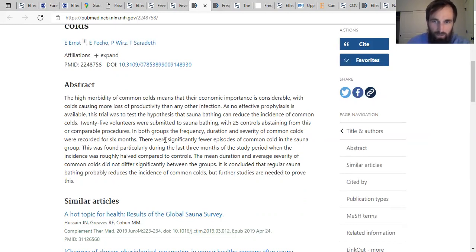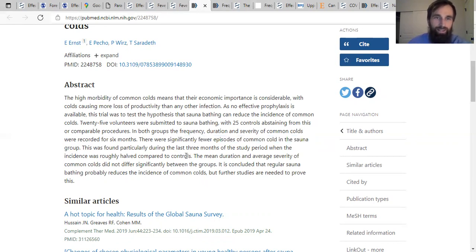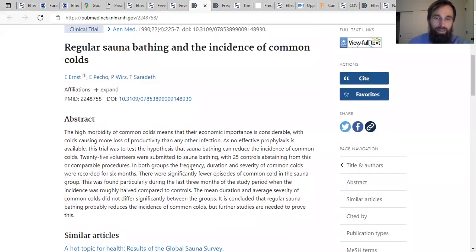There were significantly fewer episodes of common cold in the sauna group. It was found particularly during the last 3 months of the study period, when the incidence was roughly halved compared to the control group. So this is essentially saying those subjects in the study that were taking the heat through the sauna bath had half as much incidence of common colds as the control group.